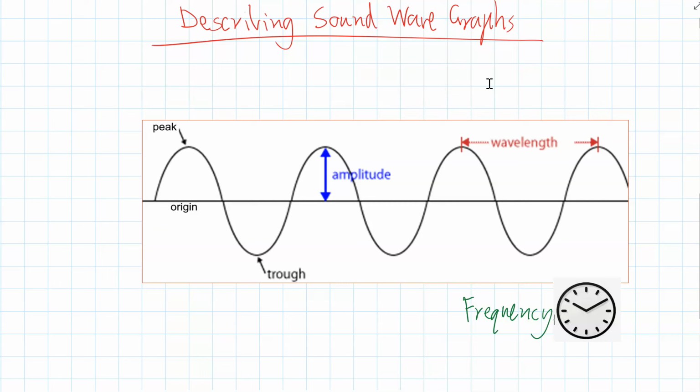Okay, let's start with amplitude first. So we can see here on the graph here in blue, the amplitude, it's actually the measure of how high up the sound wave is on the graph from the origin. So it's not the whole distance, it's only half the distance up.